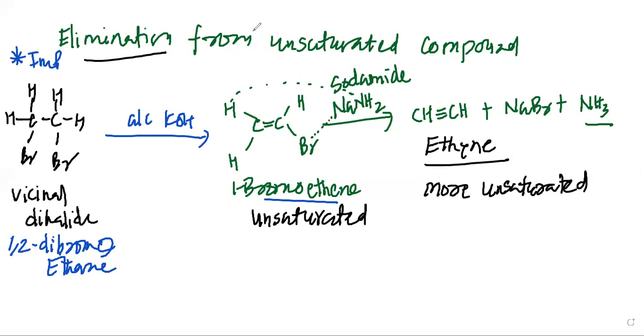So dear students, I hope you have understood. Now if you have any doubt, you can ask me. Okay, dear students, so what have we seen today? We have studied the elimination reaction.